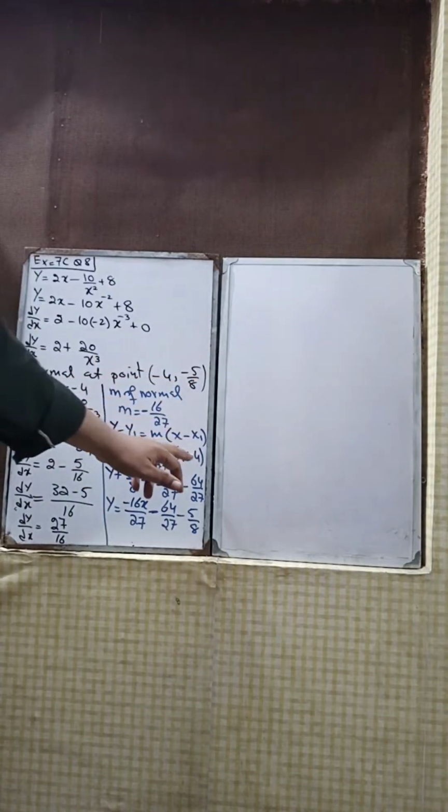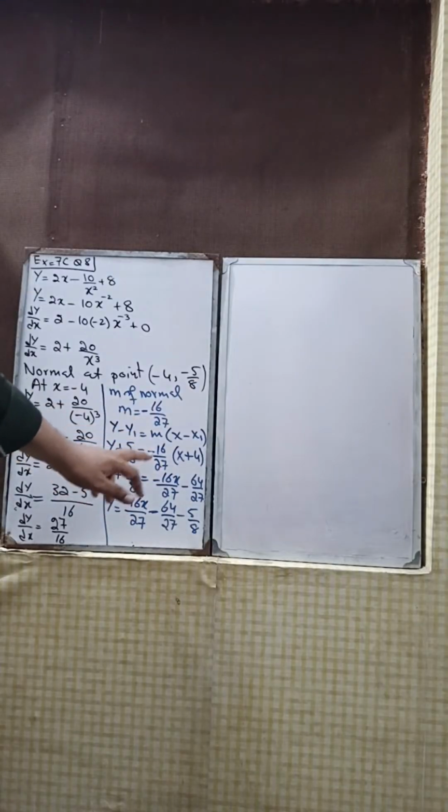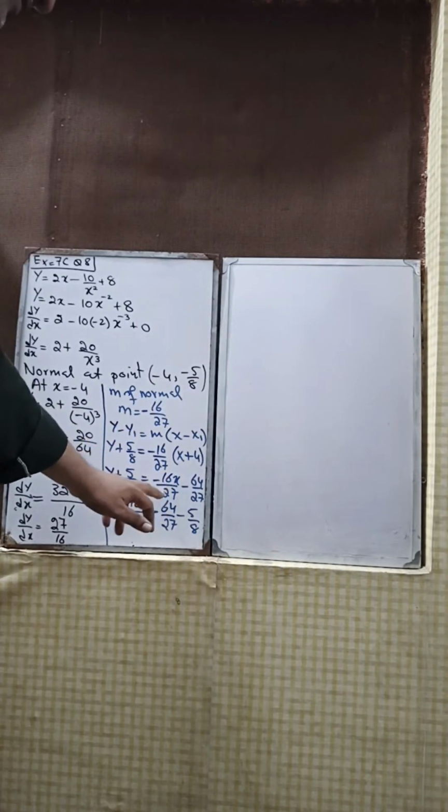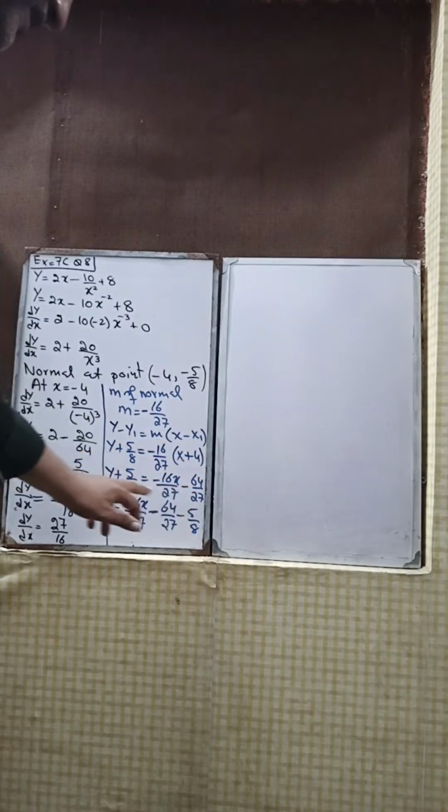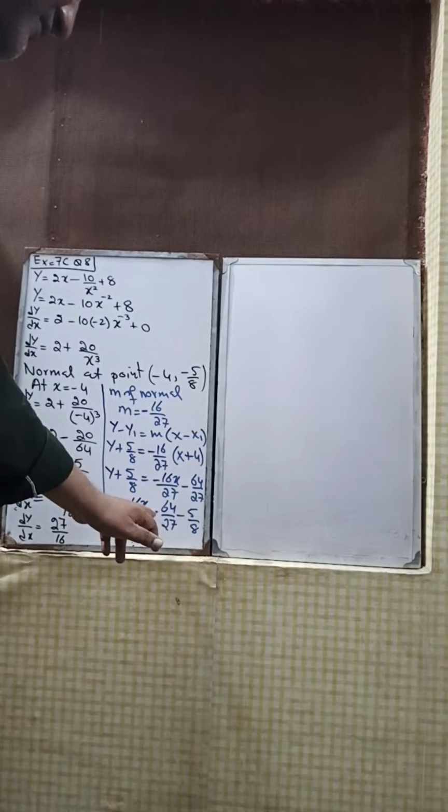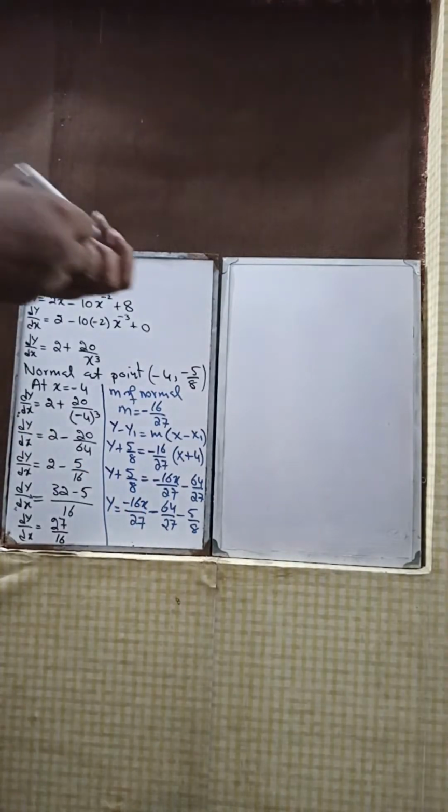The gradient is -16, so this becomes -16x divided by 27, minus 64 divided by 27. This goes to the other side, and this becomes minus. So the equation will become y equals -16x divided by 27 and minus 647 divided by 216. So this is the equation of the normal.